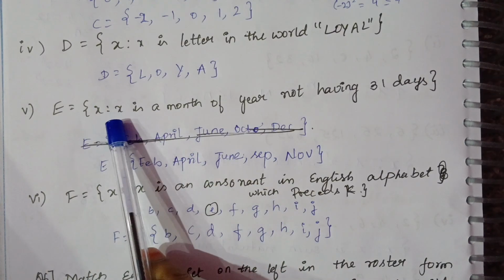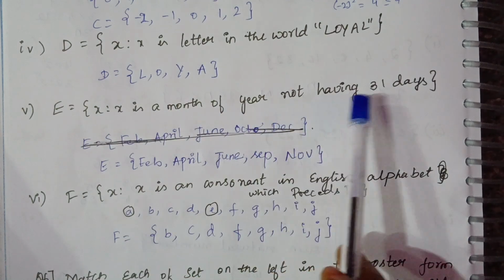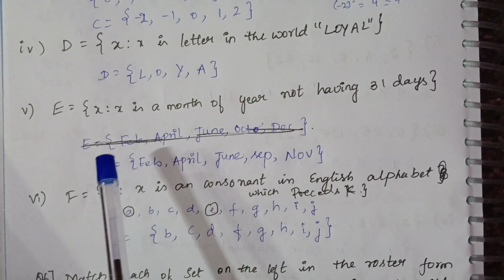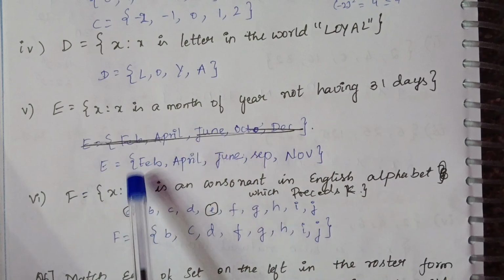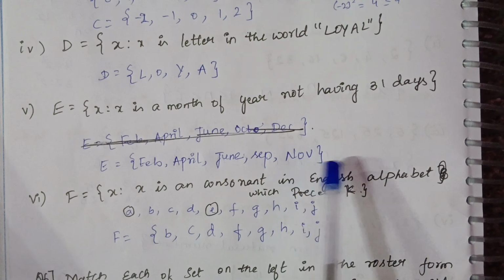Next question. X such that X is a month of a year not having 31 days. So the months not having 31 days are February, April, June, September and November.